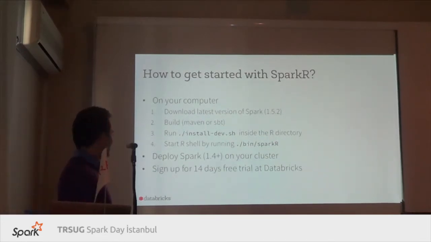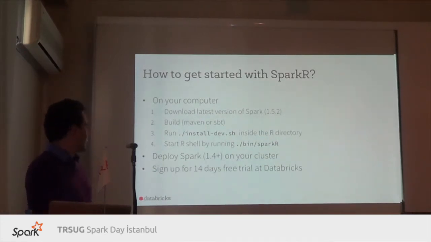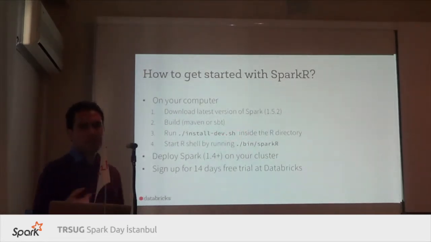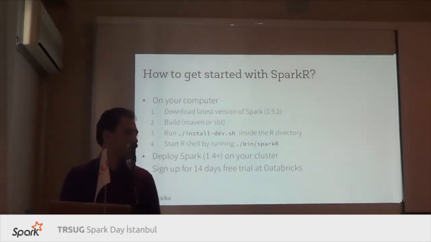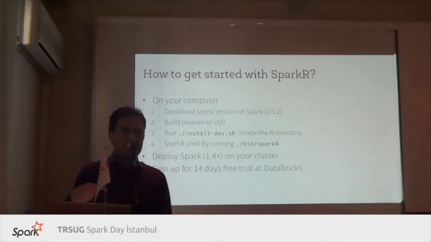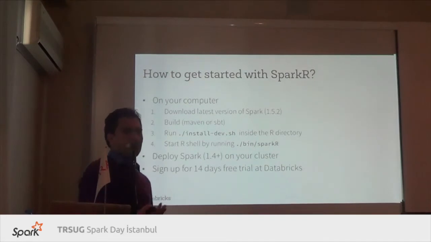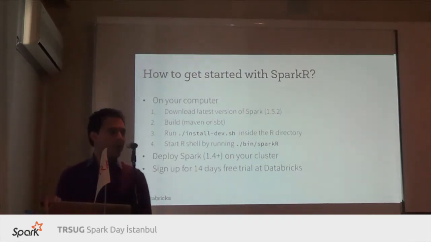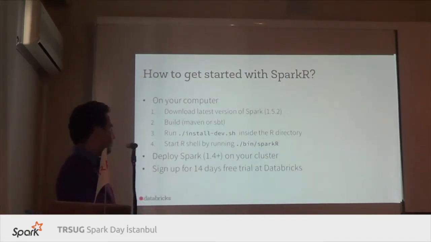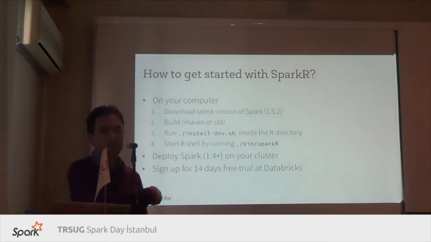Then you go into the R directory. Inside there, as I said, there's an R directory. You go in and then run this command, install-dev.sh. When you run this command, it's going to try to install the SparkR package on your laptop. So at this stage, you might see errors. For example, if you don't have R installed on your laptop, you get a failure, you've got to install R. So you go install R and then run it again.